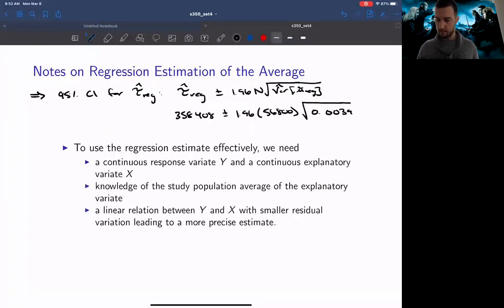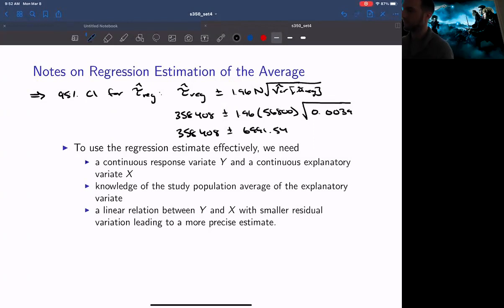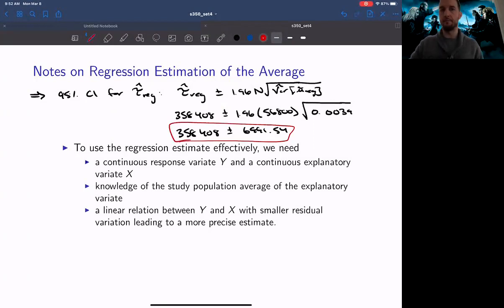And then I'll just finish this off real quick here. So 358,408 plus or minus... Okay, sorry, I went a little bit over time there today.